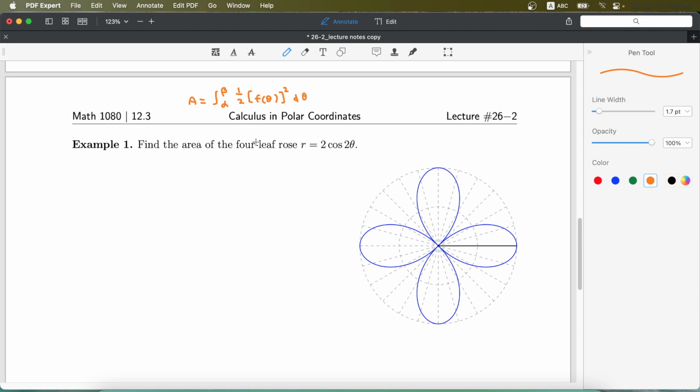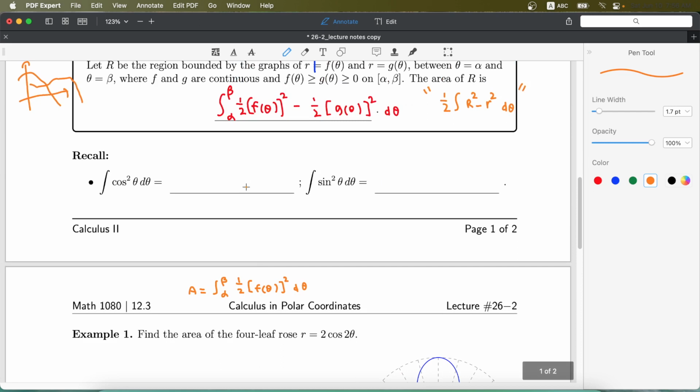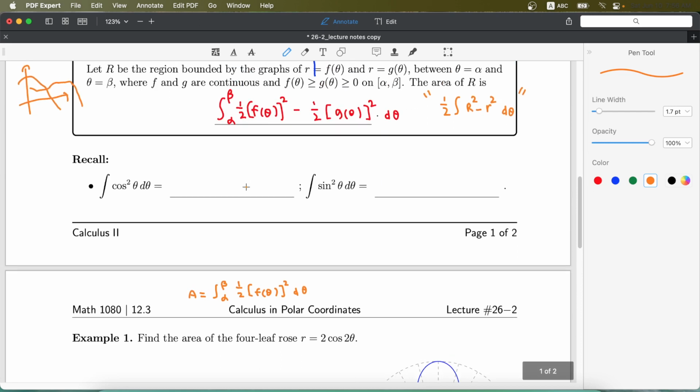So that means eventually you will need to integrate cosine squared. And we talked about this previously in, I believe, 8.3. Yes, 8.3 trig integrals, right? We say that if you want to integrate cosine squared, there's something you need to do. So let's go back to page 1 and make this review really quick. To integrate cosine squared and sine squared, in general, when we want to integrate an even power of cosine or an even power of sine, we need to use half angle formulas.